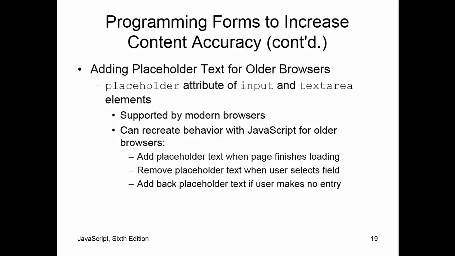Again, the idea is within years, but no one knows how many years that is, everyone will be using a new enough browser that this isn't going to be an issue. But again, the problem is exactly when does that happen? When is the magical date that everyone is using a browser that's going to support this stuff? And that's the problem, is literally no one knows.